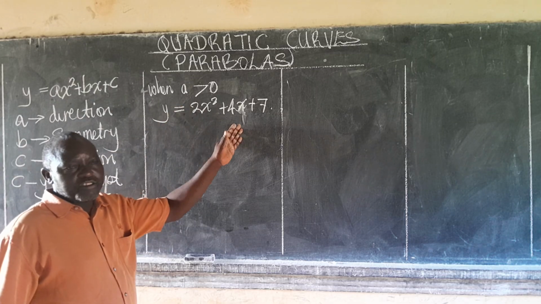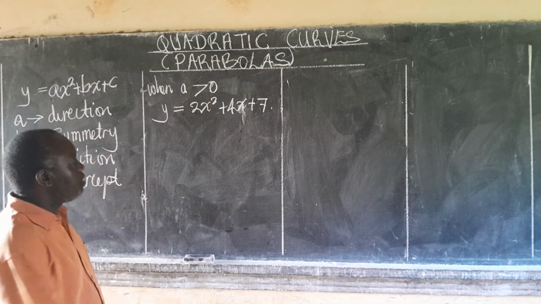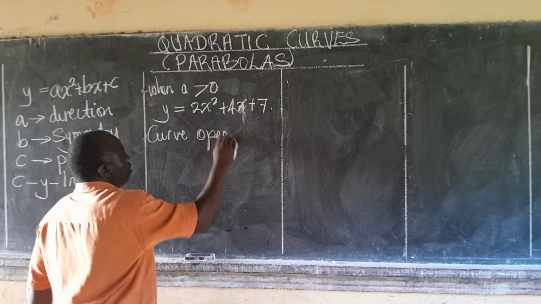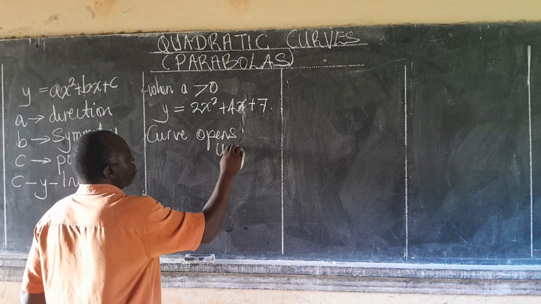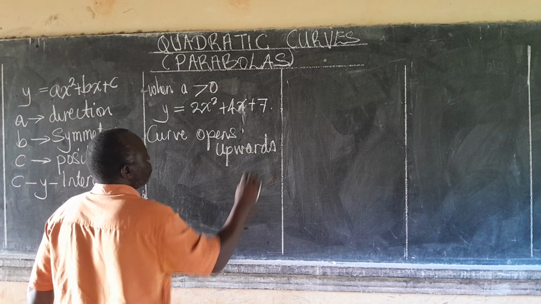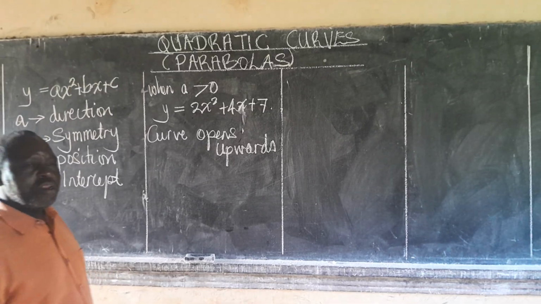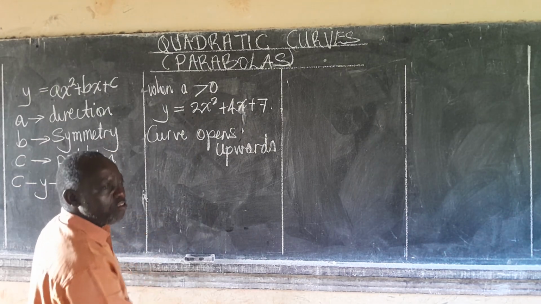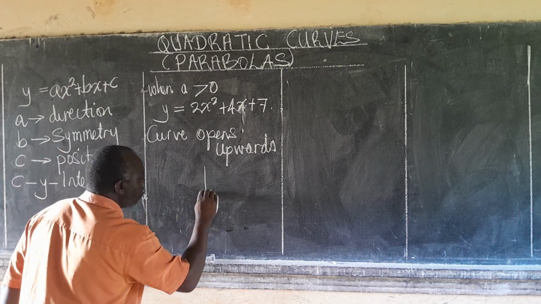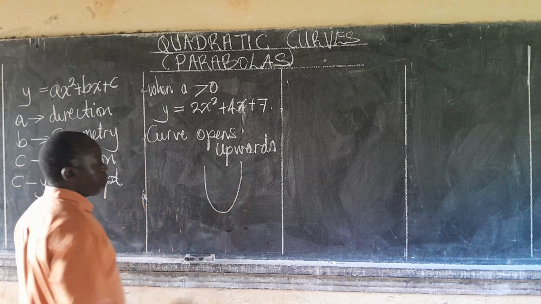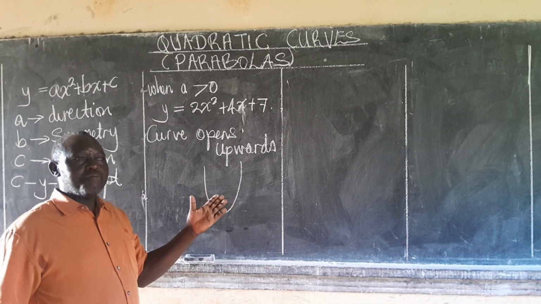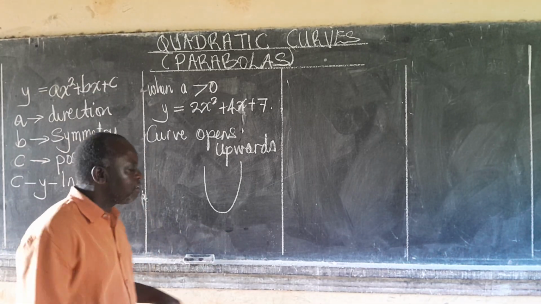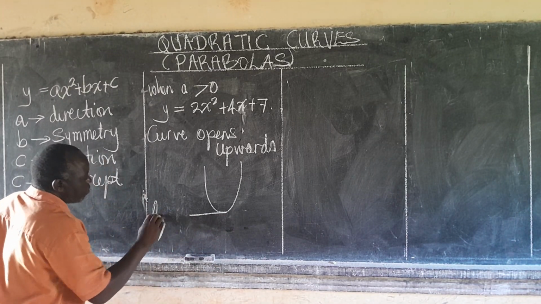Therefore, when A is greater than 0, our curve opens upwards. When we refer to opening upwards, it's like if one is going into the valley, you move downwards and then go up. Therefore, it is opening upwards. When it opens upwards, this is a U. So there is a moment when you come to the lowest point, and this lowest point is what we call the minimum.